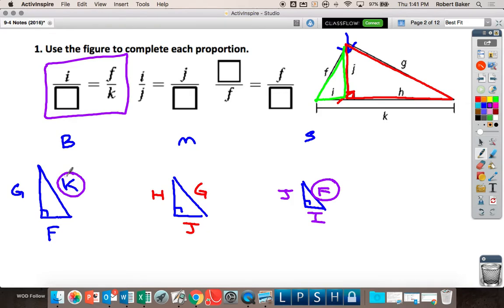So they went small triangle over big triangle. Then they went short leg over short leg. We put an F right here. That's cool, isn't it? That's how you're going to set up your proportions for this. So it involves quite a few steps. You got to redraw them, you got to label them, and you got to start picking parts that match each other.